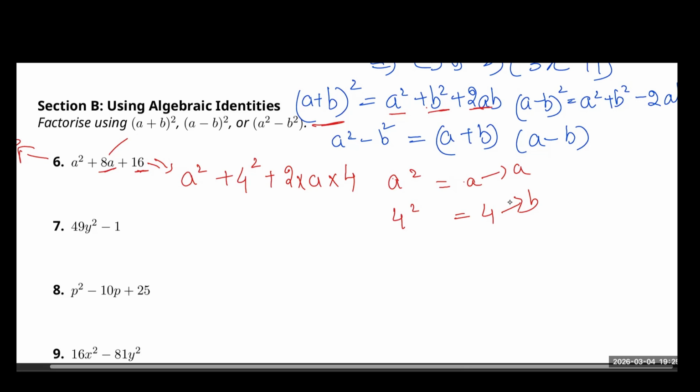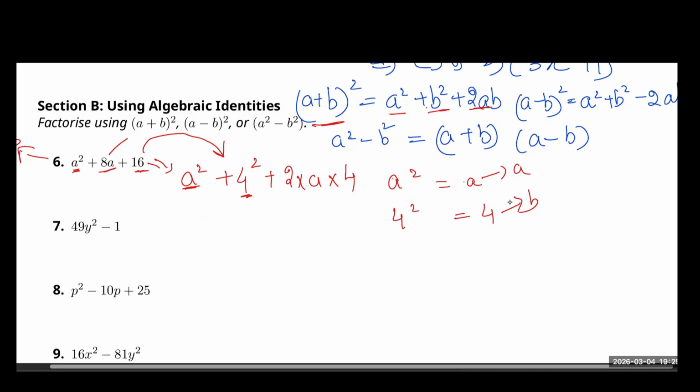First of all, find out the square terms. A is one square term and 16 is one square term, right? 16 can be written as 4 square. And now these will become your a and b. From this, you just have to write 2 into whatever values you got. Suppose you got a square plus 8 square, then directly you just have to write 2 into a into 8. That's it.